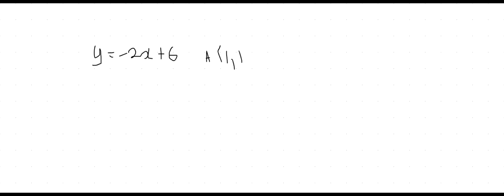So we're finding the equation of a line that's parallel to this line, y is equal to negative 2x plus 6, and goes through the point 1, 10.